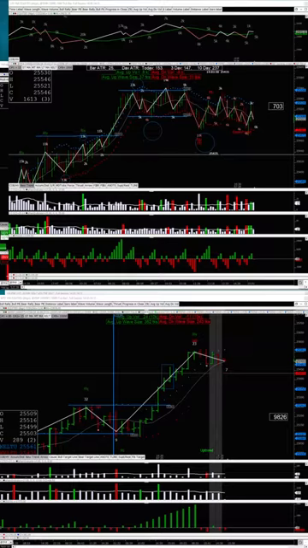If you have a high degree of awareness, it will lead to a high degree of objectivity. If you have a high degree of objectivity, you're going to get a high degree of winning trades. That's how it really works.